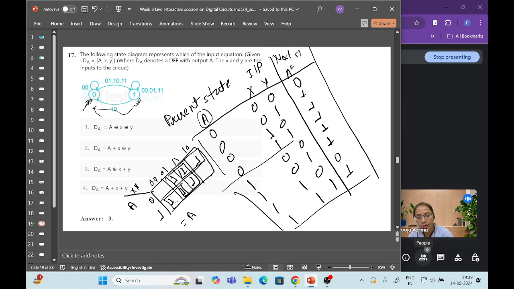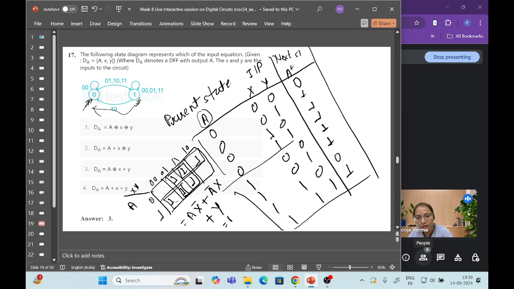Take common from this one, that is X dash, plus write down the equation for this pair. So it is A dash, and common between these two columns, that is X. Now write down for this quad, that is Y, right? So A X dash plus A dash X, what can we write it as?